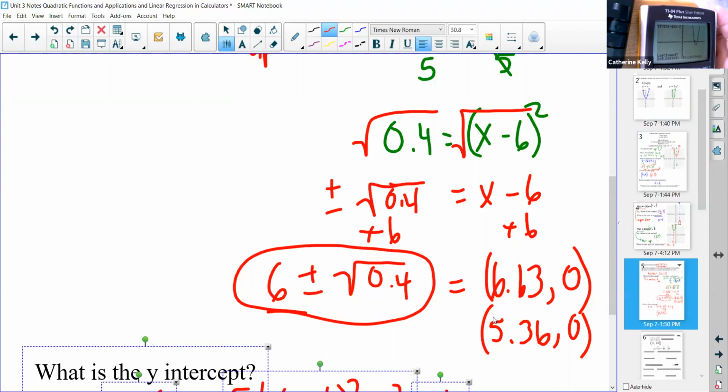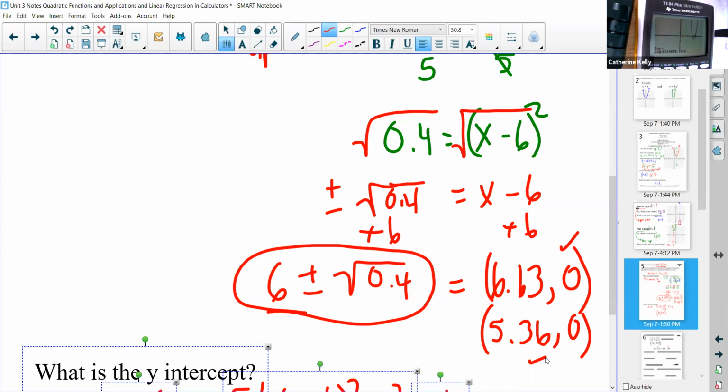Now I'm finding my zero, so I go above this line for the right bound, and somewhere below this line, and I want to find a zero there. And when y is 0, we have 5.36, so that's one. And if I want to get my other zero, I'm going to calculate my zeros again. This time I'm going to go under as my left, then go above the axis, because I wanted to calculate that second zero, and there's where I get 6.63.